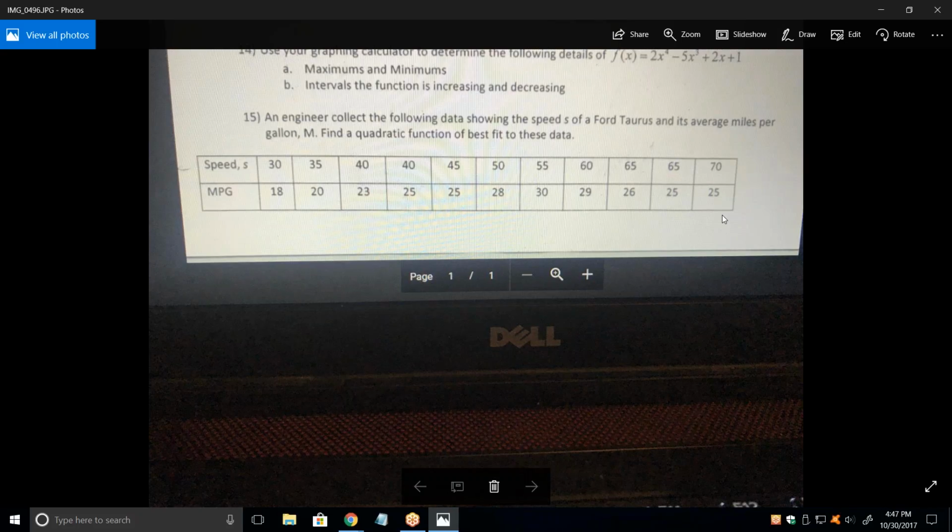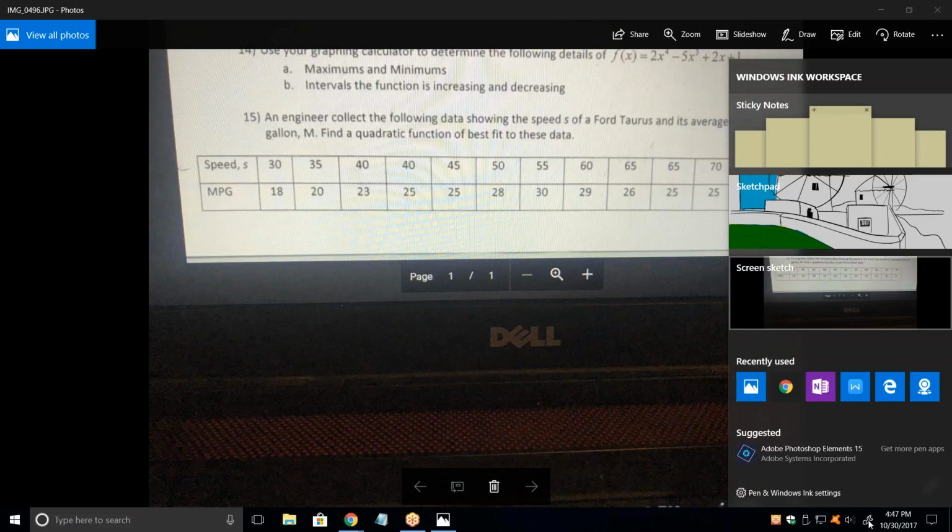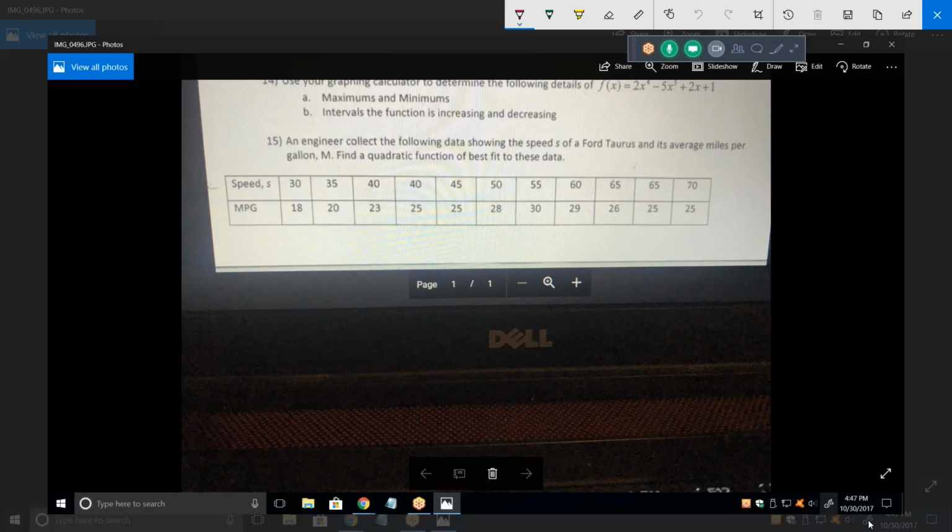So I got for the regression negative 0.017 x squared plus 1.93x plus a negative 25.3. I can repeat it if you want me to. Please do.